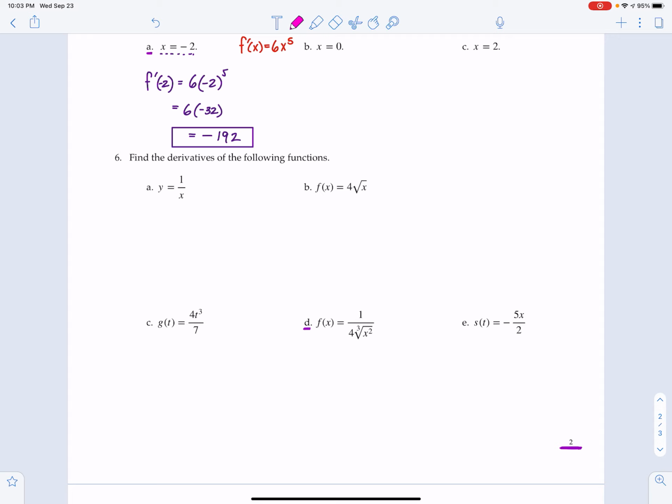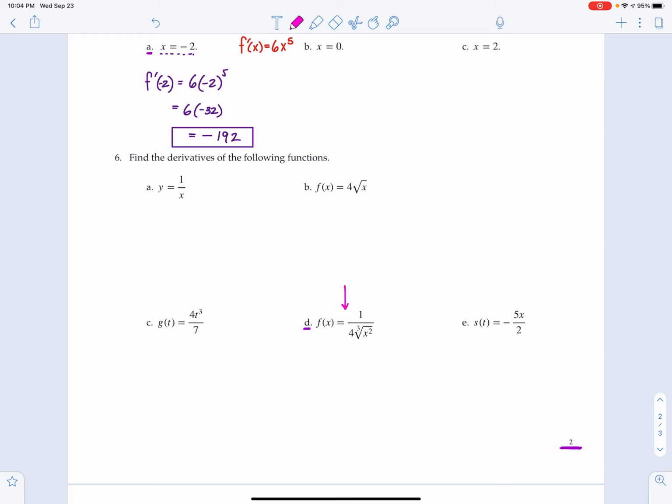And the way we handle letter D is very similar to how we handled the first couple problems we worked together, by rewriting that function with maybe negative exponents or fractional exponents or both, so that we have a power function. So why don't you take just 30 seconds or so, see if you can transform f of x in letter D into a power function, because right now it is definitely not one.